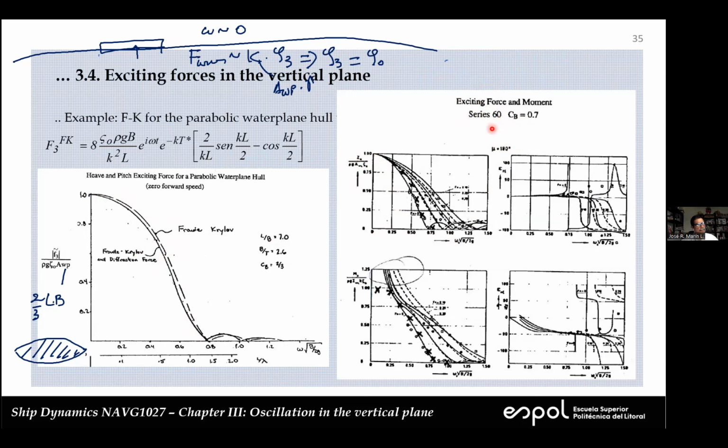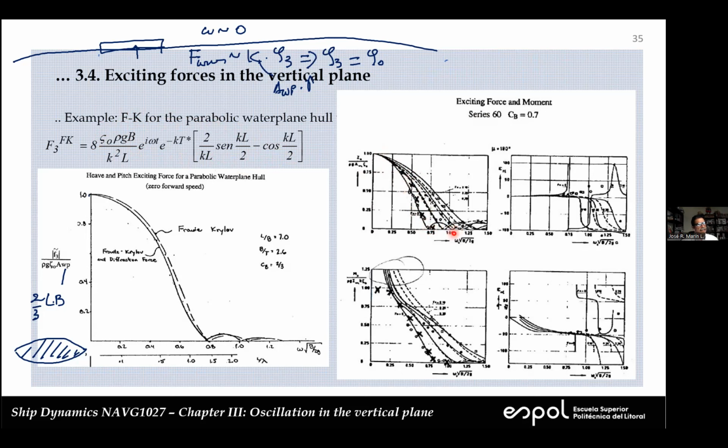It was very popular in the past. Professor Troesch included these evaluations here. These points are evaluations of this formula. The others are experimental results.